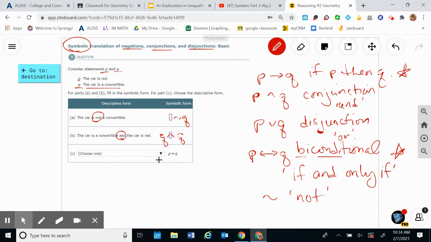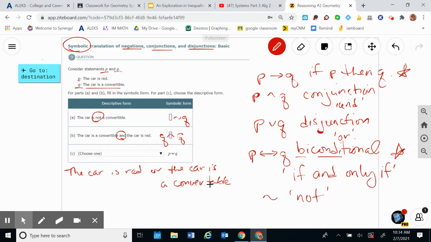Now it says P disjunction Q. That means or, and it means P comes first. So that would be the car is red because that's P, or the car is a convertible.